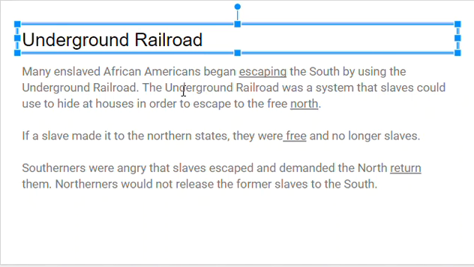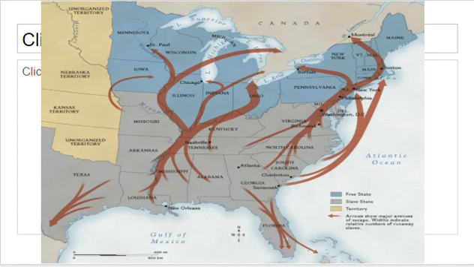And the Underground Railroad was a system that slaves could use to hide at houses in order to escape to the free North. If a slave made it to the northern states, they were free and no longer slaves. However, Southerners, where slavery existed, were angry that slaves escaped and demanded the North return them. Northerners would not release the former slaves to the South.